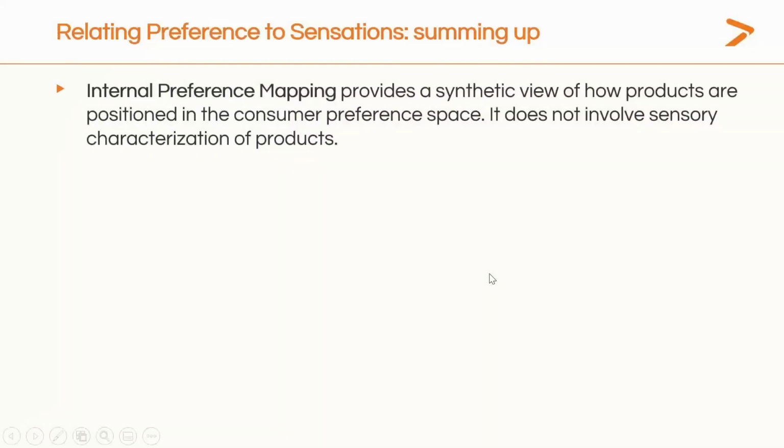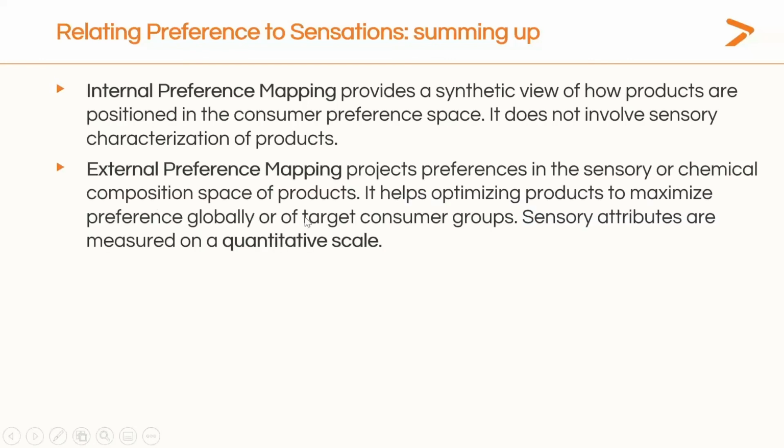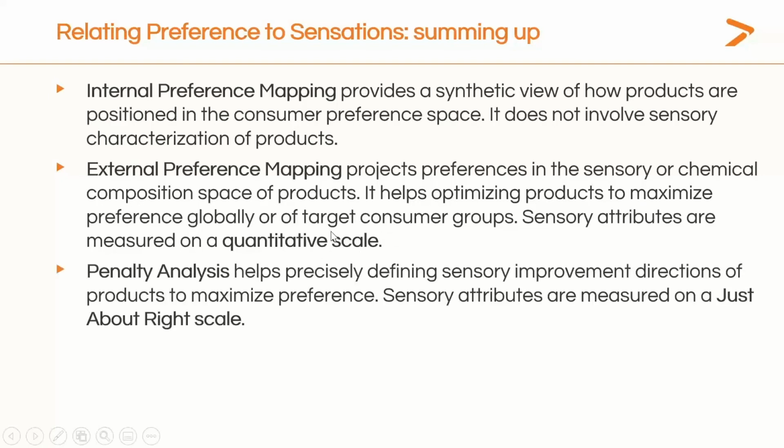So to sum up, internal preference mapping provides a synthetic view of how products are positioned in the consumer preference space, and does not involve sensory characterization of products. External preference mapping allows relating preference to quantitative or sensory attributes measured on a quantitative scale.